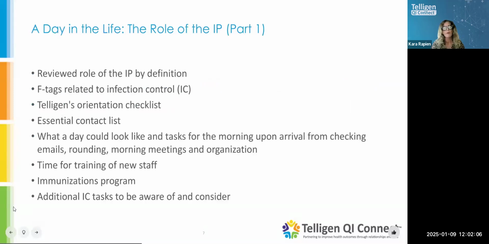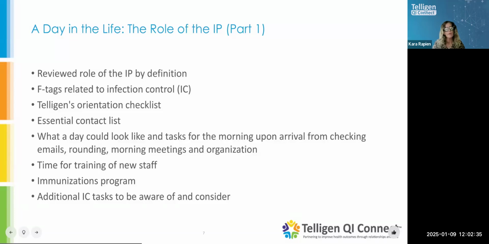This is part 2 of our Nursing Home Quality Essentials, A Day in the Life. In our part 1 series, we took a deep dive into what a typical day could look like. Some of the topics discussed are listed here on the slide. We reviewed the role of the infection preventionist by definition. We also looked into some of those F tags that are related to infection control.